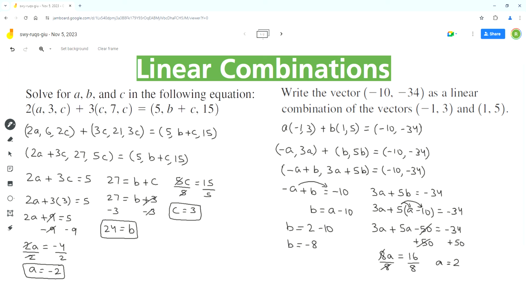Now we can use these values of a and b to write the vector negative 10, negative 34 as a linear combination of the two vectors. So this should be the final answer for this problem.